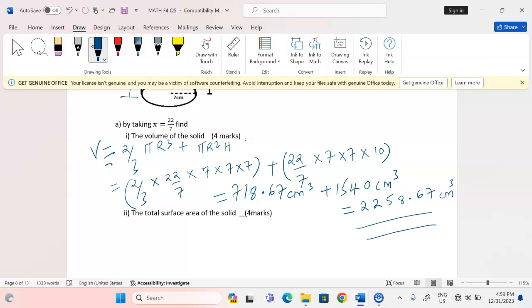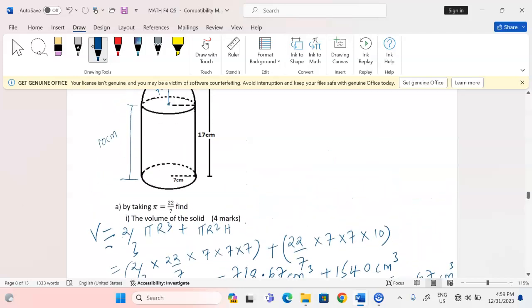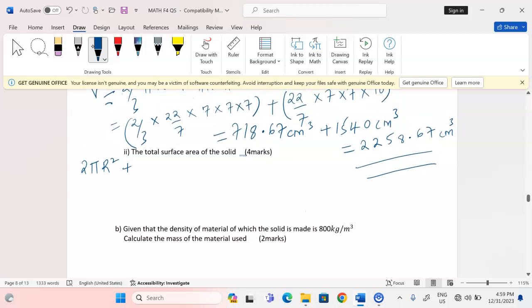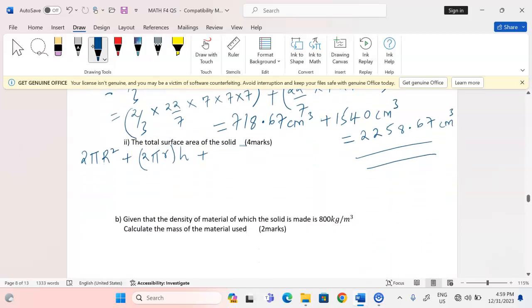The next is total surface area of the solid. So we begin again with the hemispherical part, whereby the surface area is going to be 2 pi r squared, plus the cylindrical part, whereby the curved surface area of a cylinder is usually given by 2 pi r multiplied by h, plus the base, which is circular.